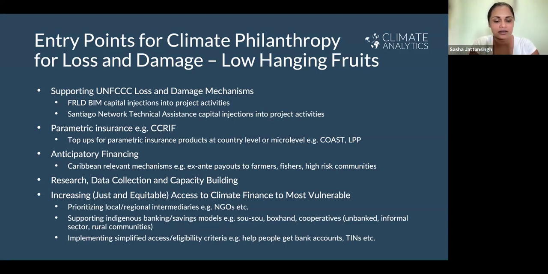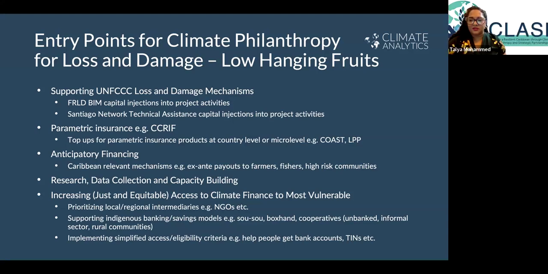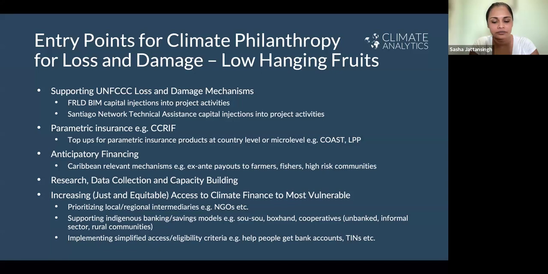So I'll just write that in. They definitely follow all the board meetings of the loss and damage fund and also the Santiago network. So I would definitely encourage you to follow up with them and provide your views.